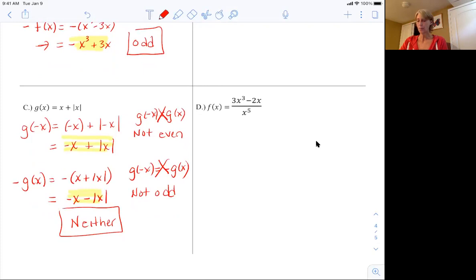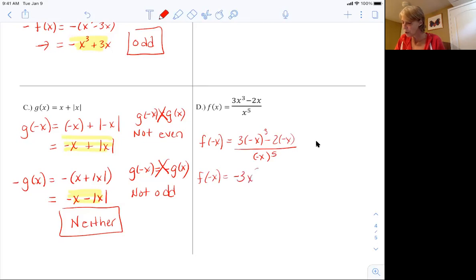In the last example, again, we're going to start with the same thing. Find f of negative x first. So everywhere I see an x, I'm substituting negative x. If it's an odd power, I'm just really changing the sign.